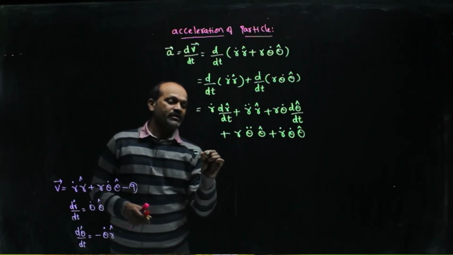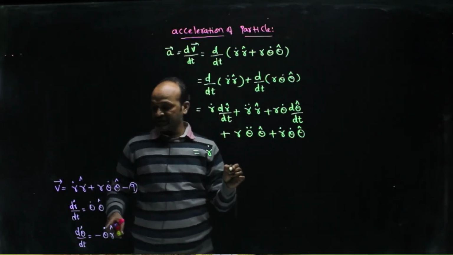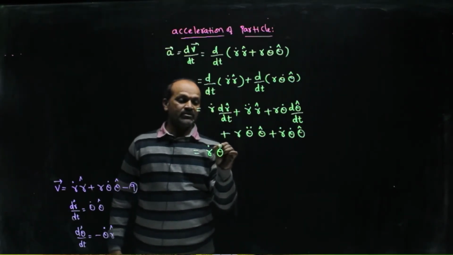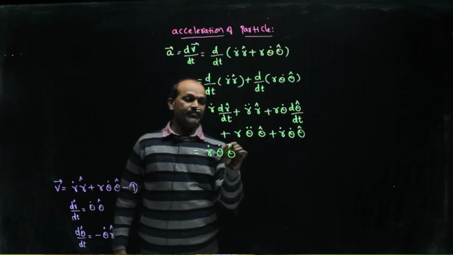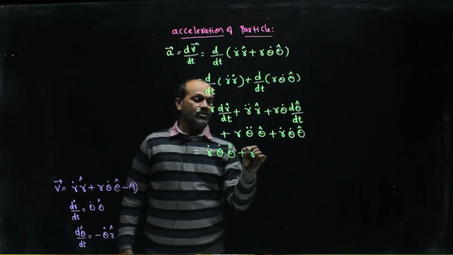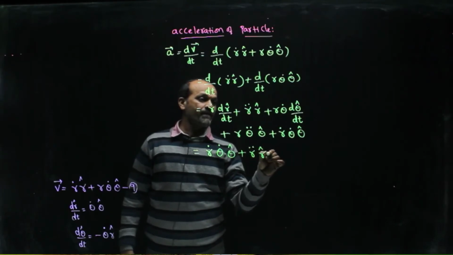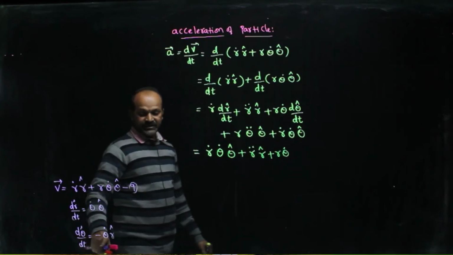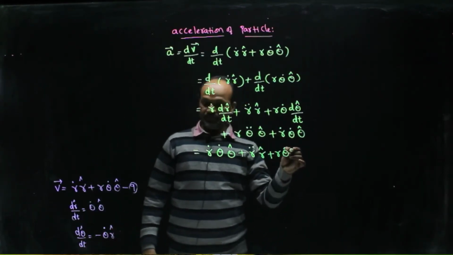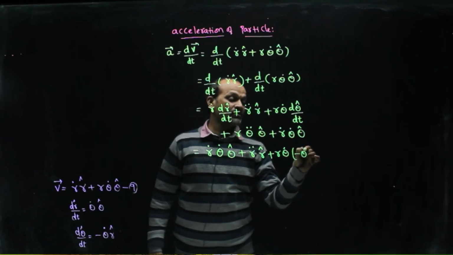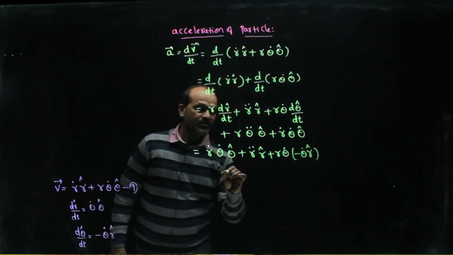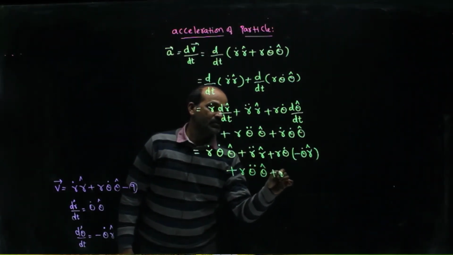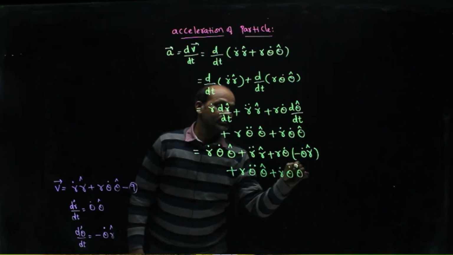Now let us substitute this dr cap by dt, theta dot theta cap, over here, then you will get r dot theta dot theta cap plus r double dot r cap plus r theta dot d theta cap by dt. Here this value also we will substitute. If you substitute, it is minus theta dot r cap plus r theta double dot theta cap plus r dot theta dot theta cap.